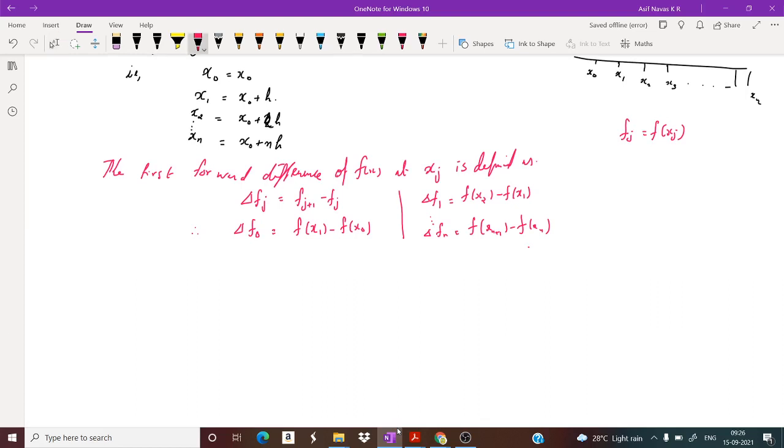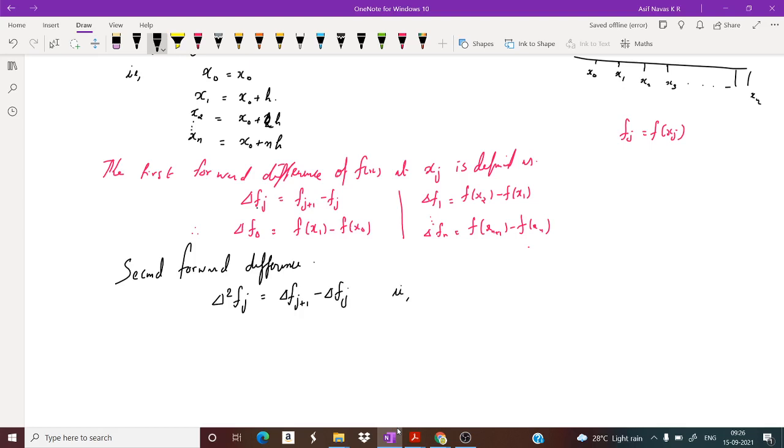So next I will define what is second forward difference. It is denoted by delta square fj is equal to delta fj plus 1 minus delta fj.